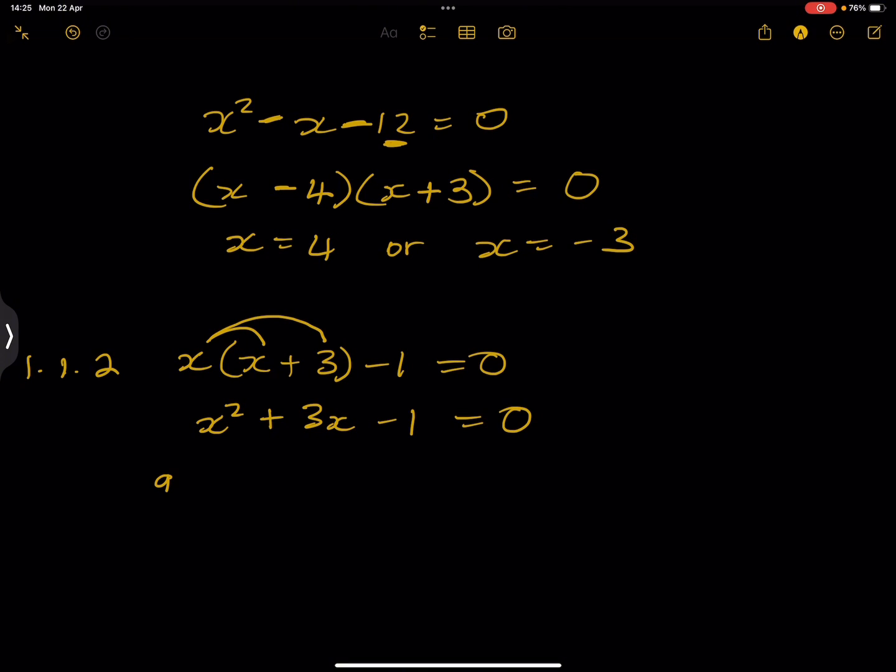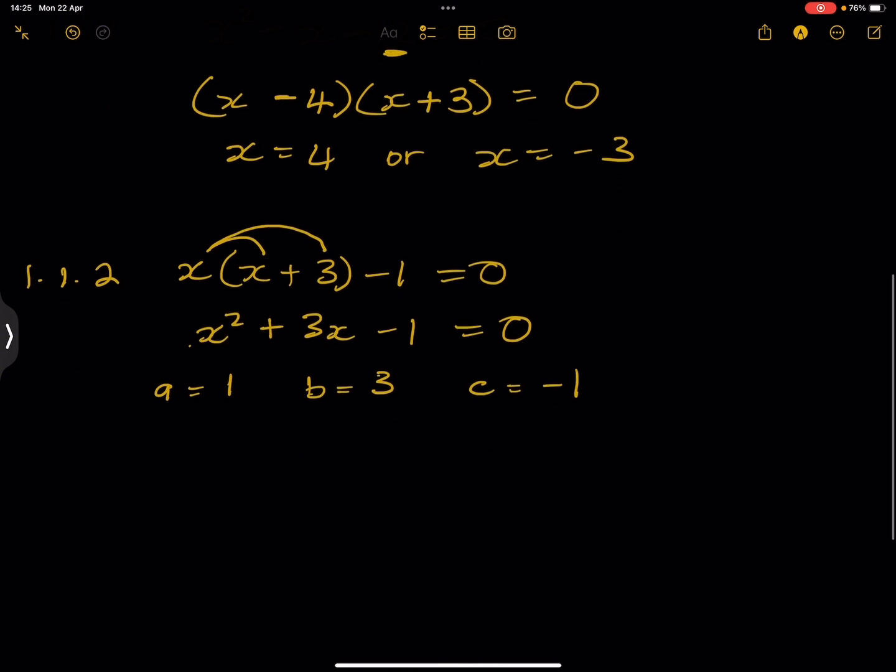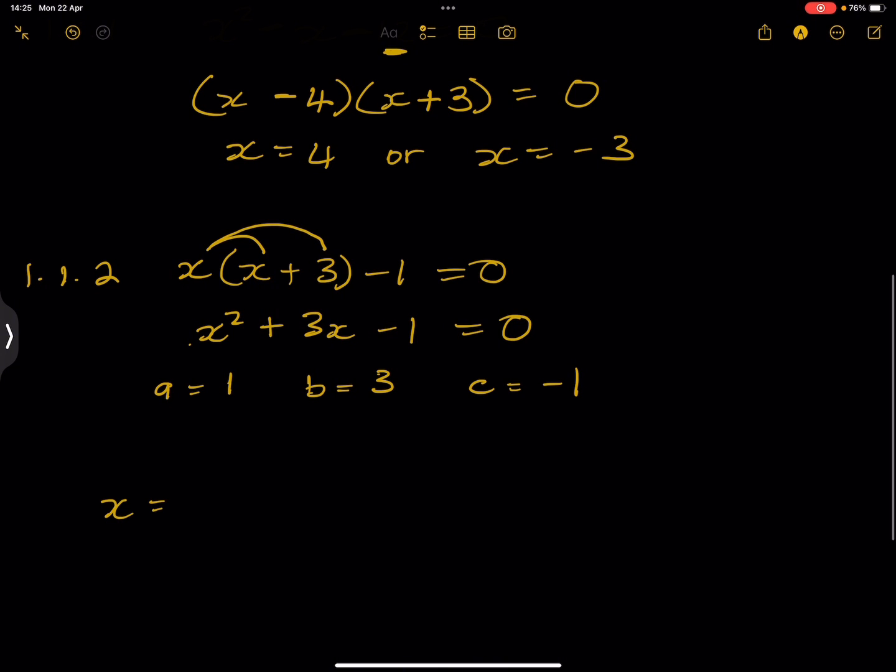Now, that means the value of a, the coefficient of x squared, is 1. The value of b is 3, and the value of c is negative 1. Right, so we're going to say x is minus b plus or minus the square root of b squared minus 4ac, divided by 2a.